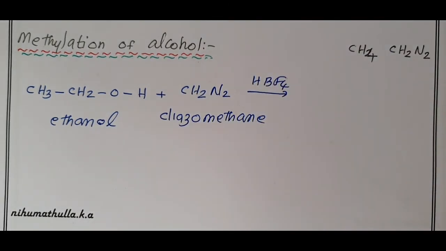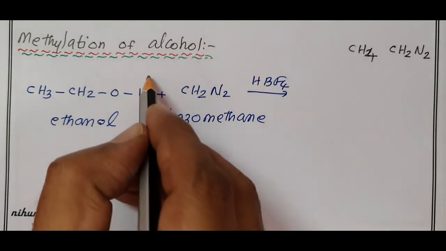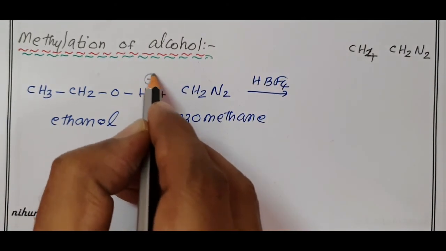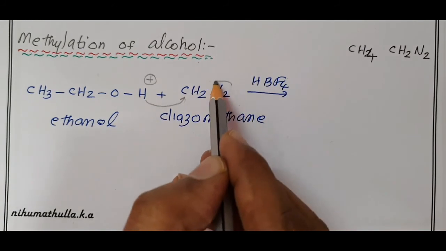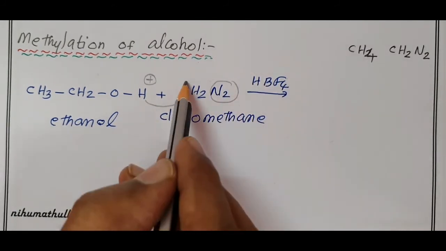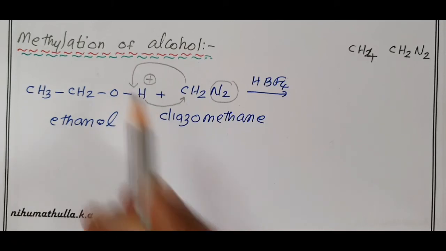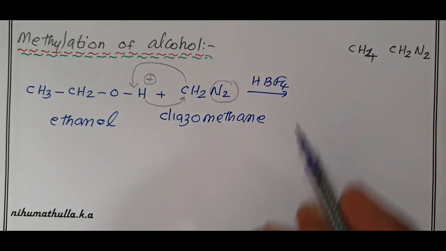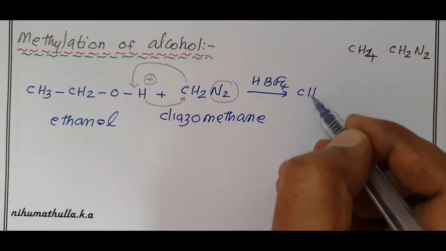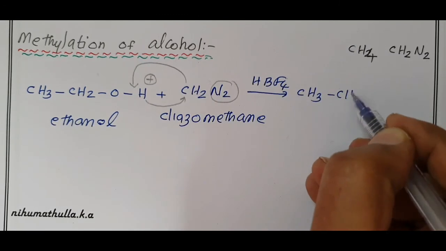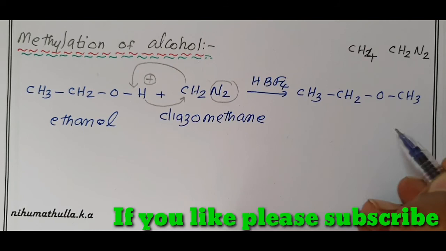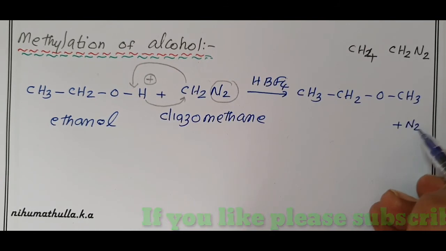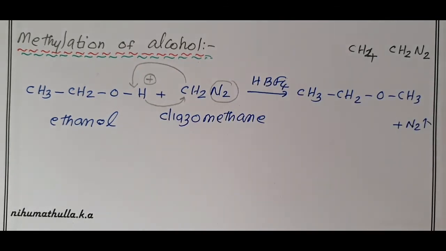What happens? H plus from ethyl alcohol is added to carbon. Now carbon becomes methyl, CH3. Then that carbon is added to oxygen, giving CH3CH2OCH3. A mixed ether is obtained with the liberation of N2 in gaseous state.